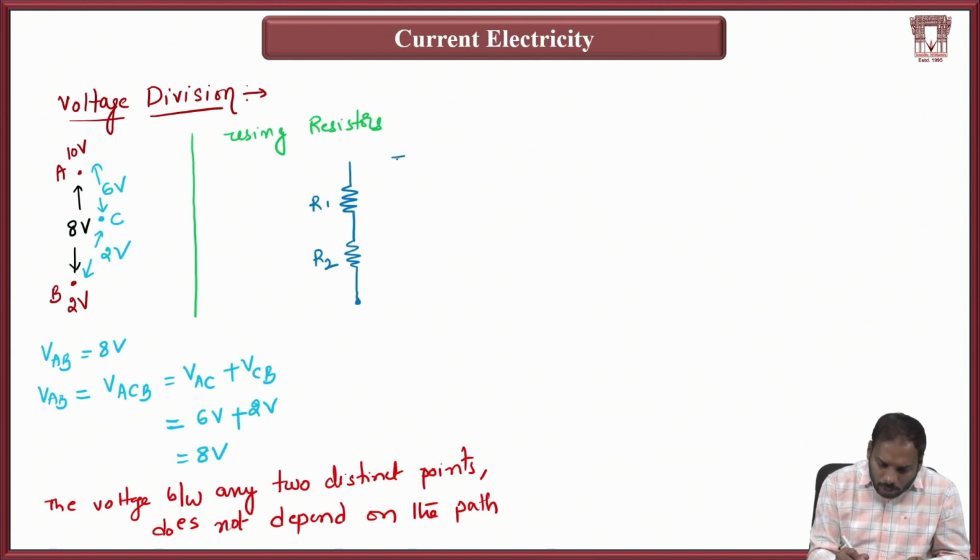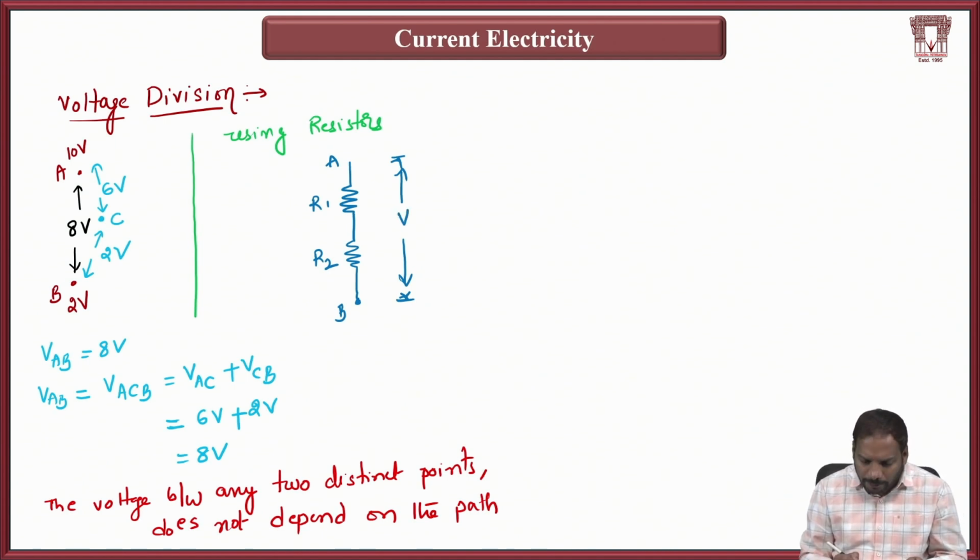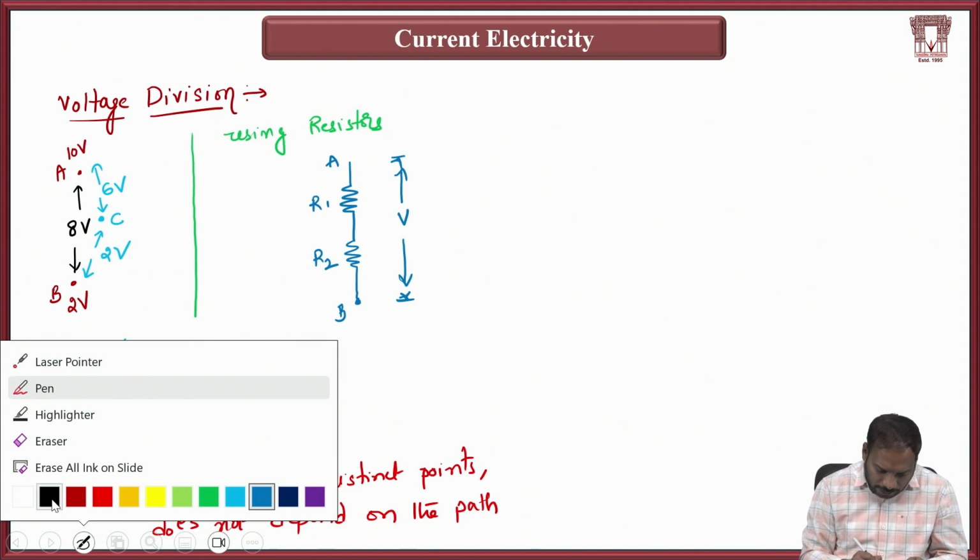The overall voltage between the points A and B, let us consider it as V.